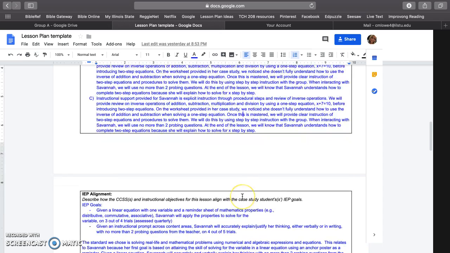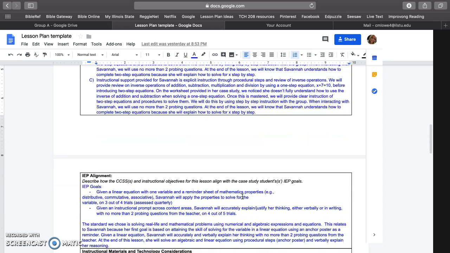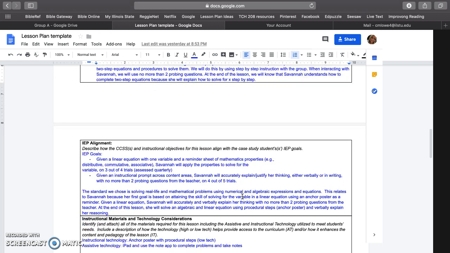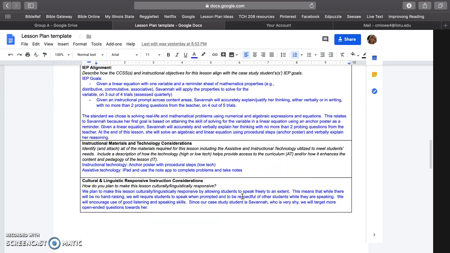Then also, our next part, I already did talk about the IEP goals and how those aligned with the Common Core standard as well as the objectives. Some instructional technology we're going to be using is an anchor poster with the procedural steps, so that would be low tech. And they are provided iPads, so we put that under assistive technology.